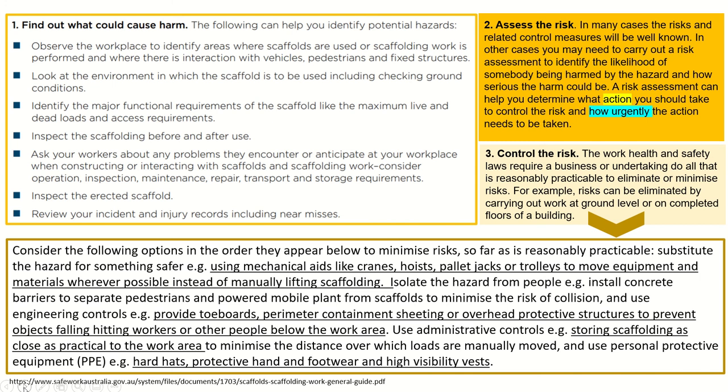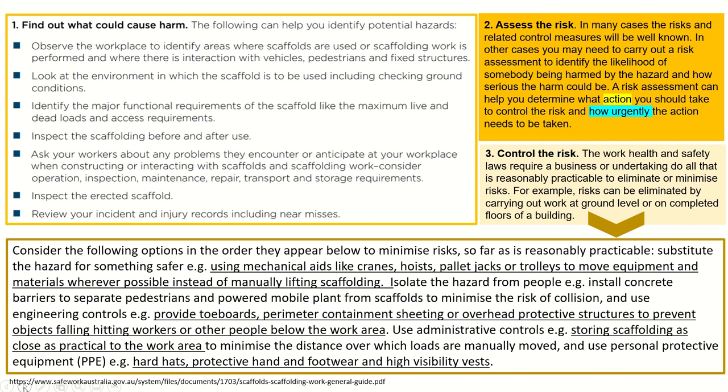And then you need to review previous records if there was any kind of incidents or injuries related to this kind of scaffolding practice. So you need to talk to workers and all other people related to this task as well, if they are available to you. So based on that, you can get a better idea about the potential hazards.